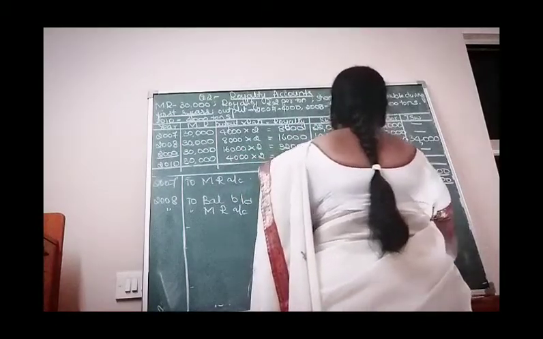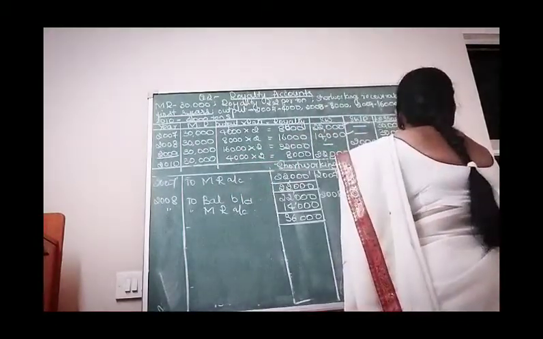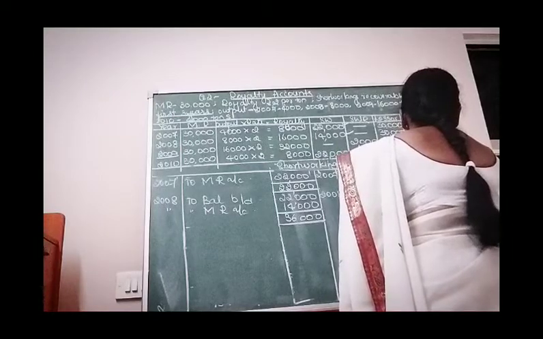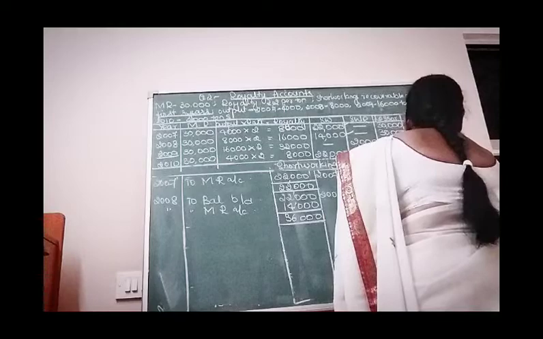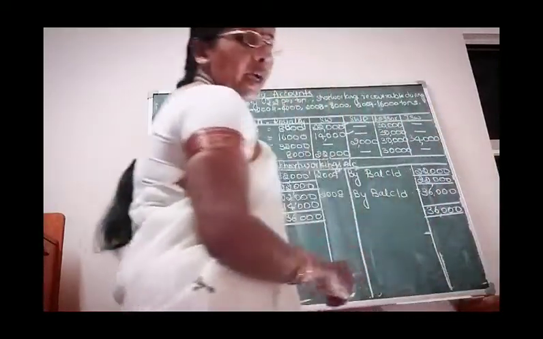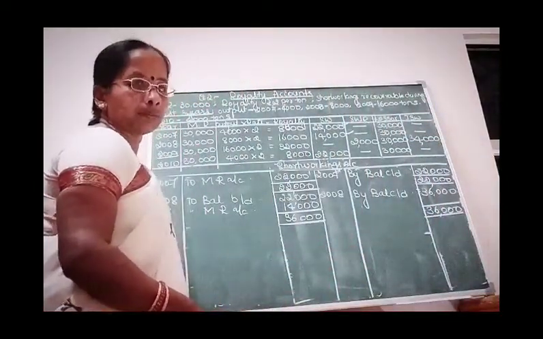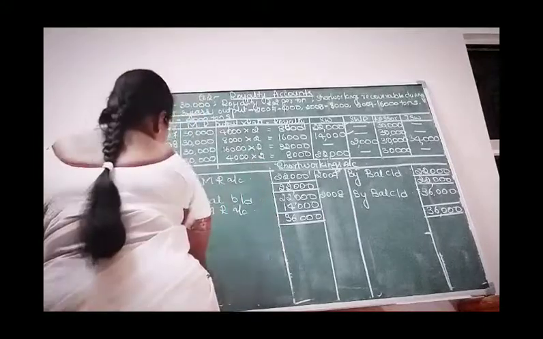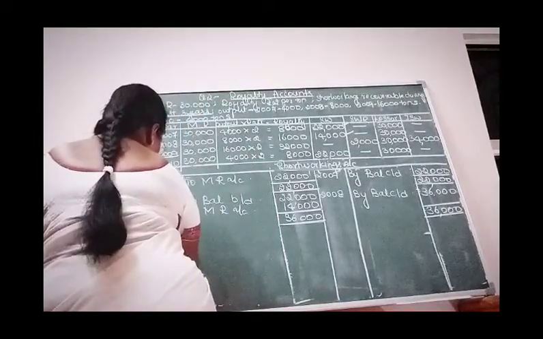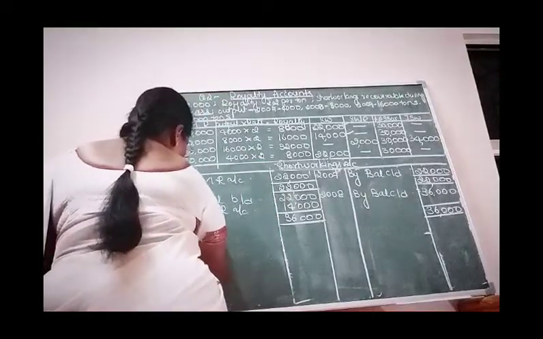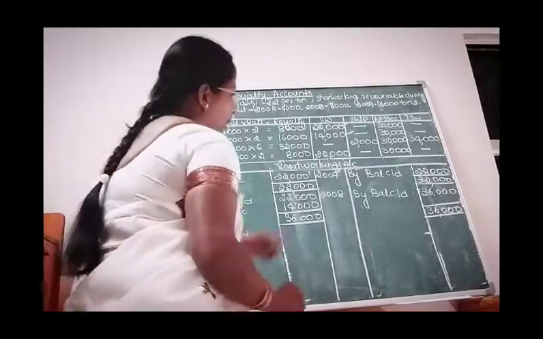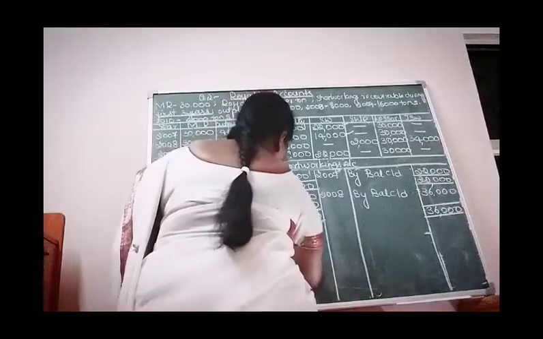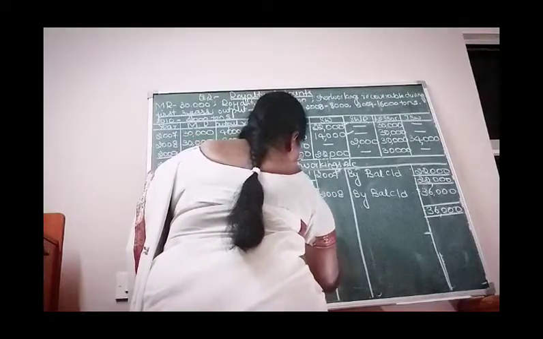So you carry down the balance for rupees 36,000. For 36,000, you carry down the balance, right? For the third year, 2009, as usual, you bring down the total balance from the previous year. Previous year balance is for 36,000.